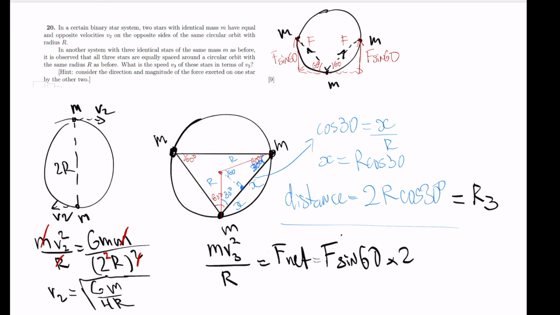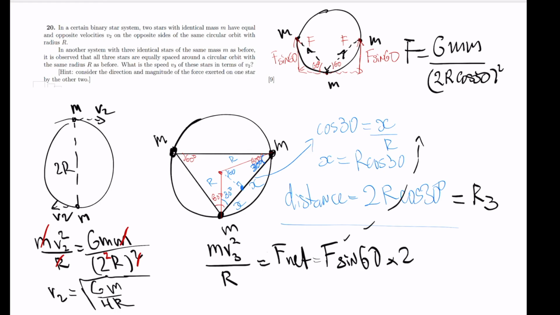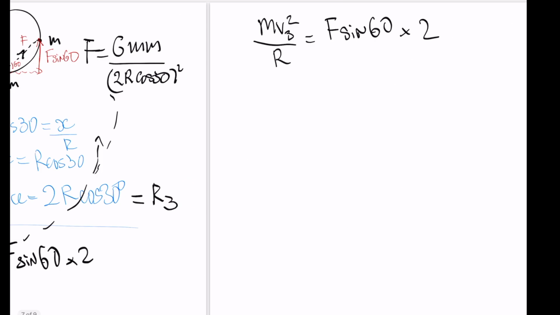Okay, now what will that force actually be? Well, the force F, I am just going to write this over here, will just be given by GMm divided by the distance r3 squared. So what would that give me? 2r cosine of 30 degrees. All of this is squared. Okay, now let's plug this into here for F and let's see what we're going to get.